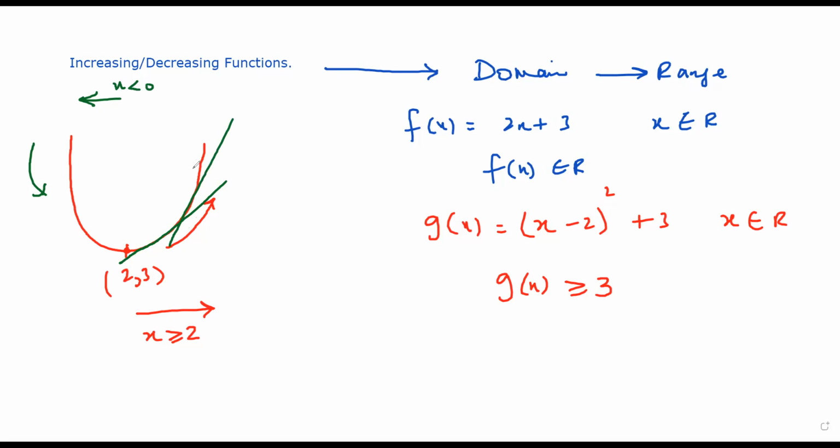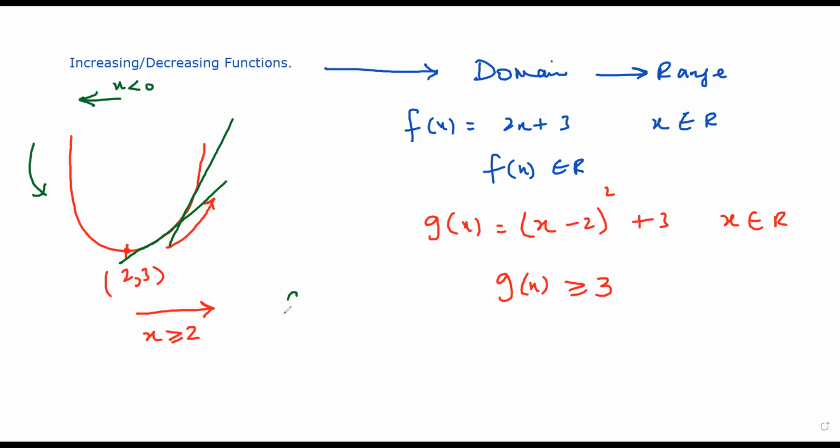That means their gradients are positive. So you can note down that if a function is increasing, then the tangents on its graph will always be positively steep. They will all have a positive gradient.